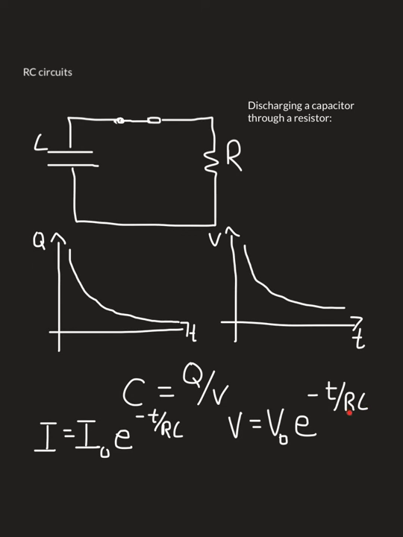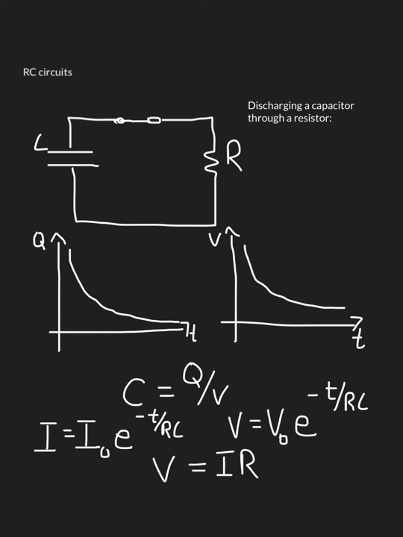Again, both R and C are in the denominator of that exponent. Just a reminder, Ohm's law always applies to the resistor. So the voltage across the resistor is equal to the current through the resistor times the resistance.